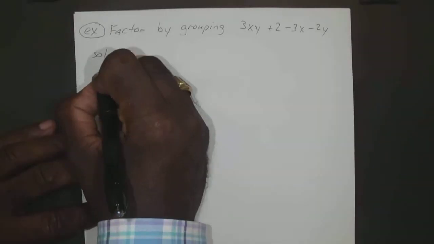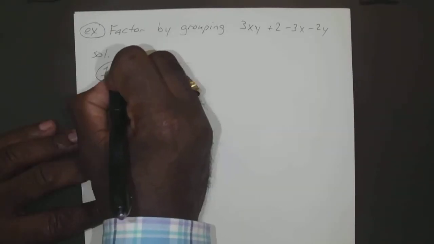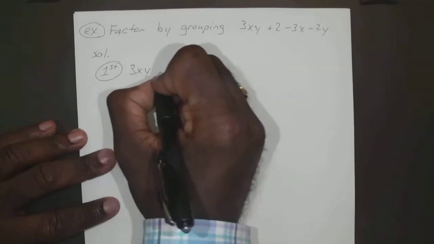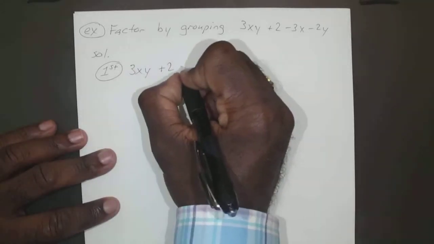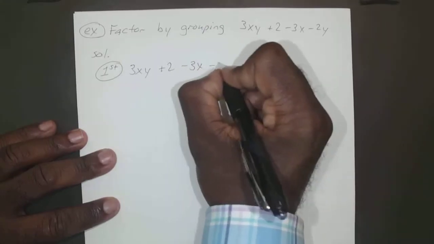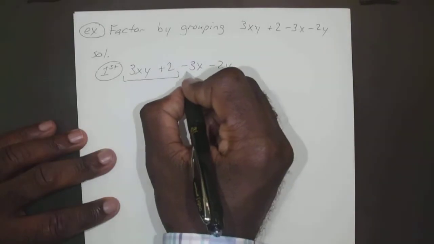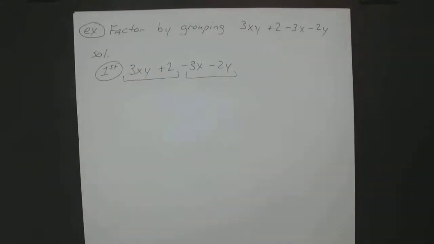Okay, so if you remember the first step, you have 3xy plus 2 minus 3x minus 2y, but you're going to break that down to two separate groups.